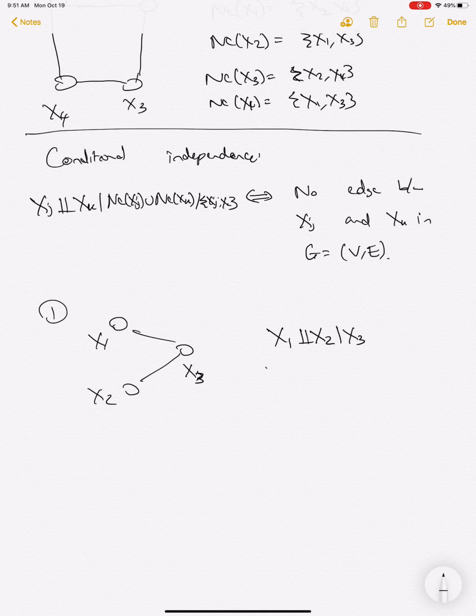And then x1 is dependent on x3 if you condition on all its neighbors, which is x2. And then x2 is dependent on x3 if you condition on all its neighbors, which is x1, because x1 is a neighbor of x3.